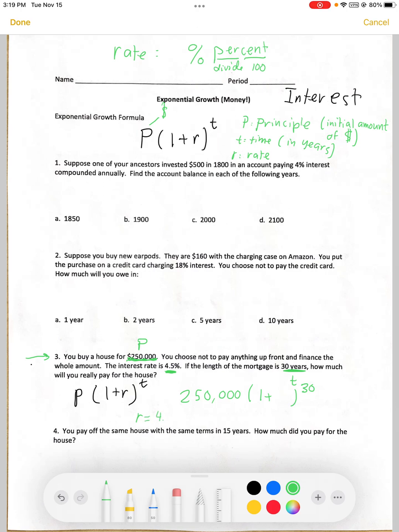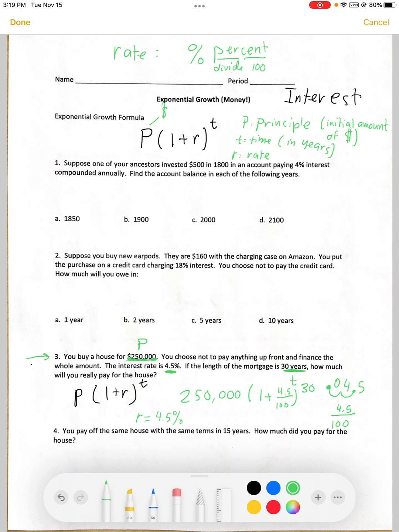R is equal to 4.5%. Two ways to figure this out into a usable actual number. You can take the decimal place on 4.5 and move it 2 to the left, filling in a 0 there. Or you could go 4.5 divided by 100 and write that in. Either will get you to where you need to be.